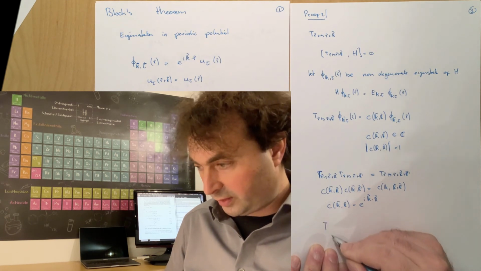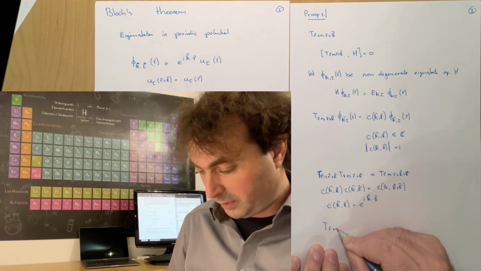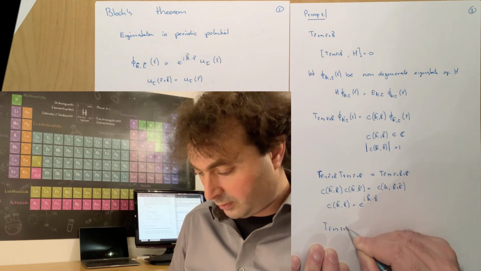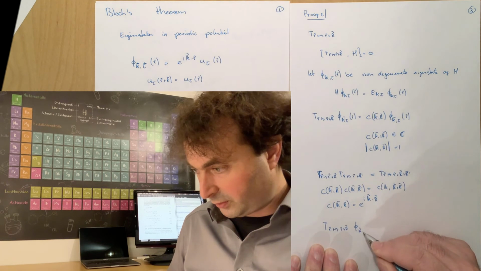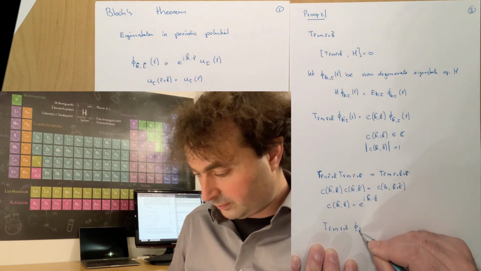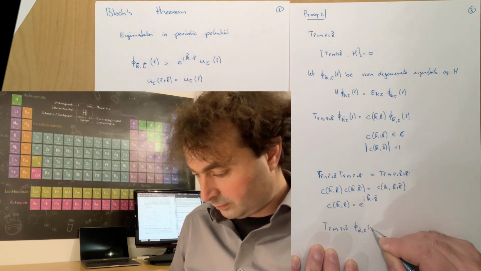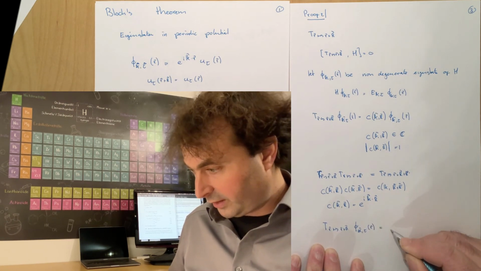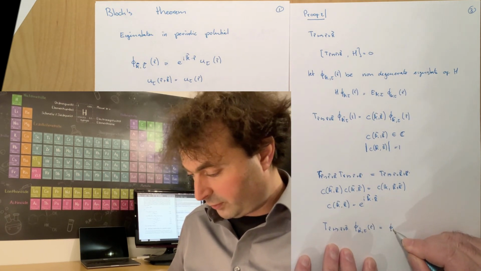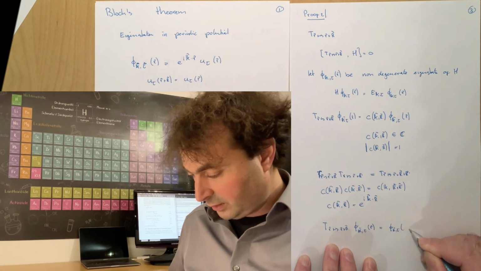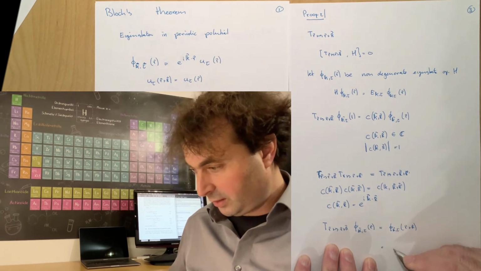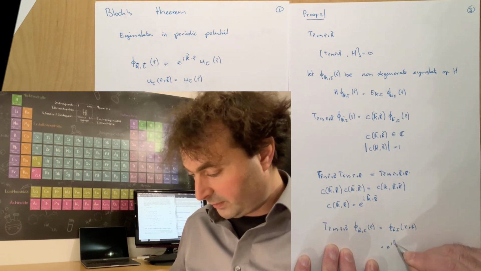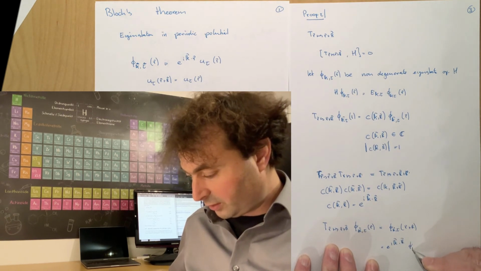So the result that we find is that if we make a translation of our wave function, then what we have is the wave function evaluated at a different position, and that is e to the i k dot R times the original wave function.